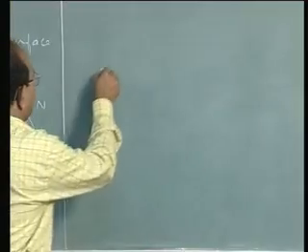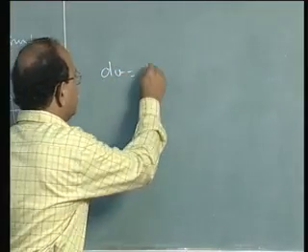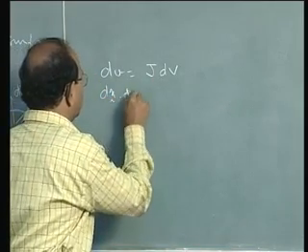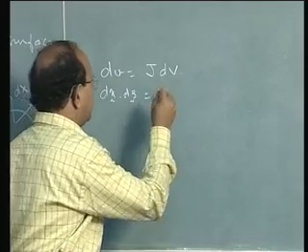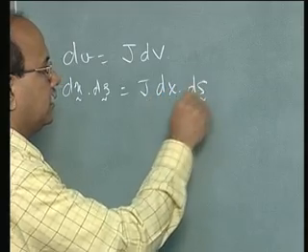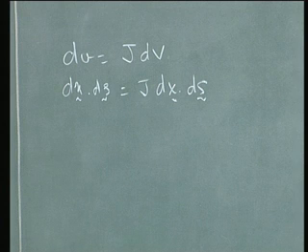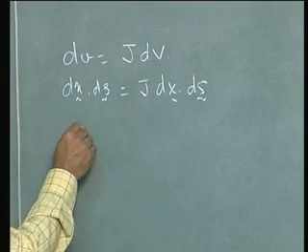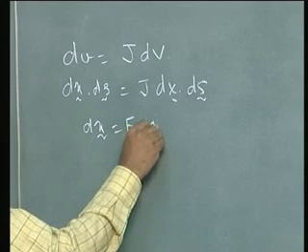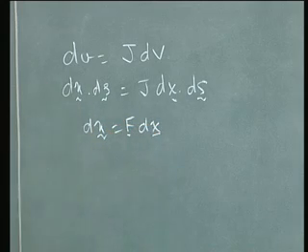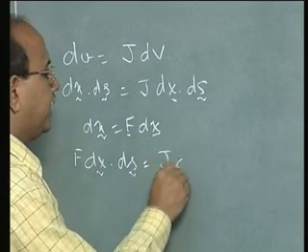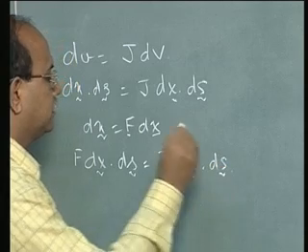Now we know that small dv is equal to J dV, or in other words, dx dot ds is equal to J times dX dot dS. Now let us replace dx by F dX, so that this becomes F dX dot ds is equal to J times dX dot dS.